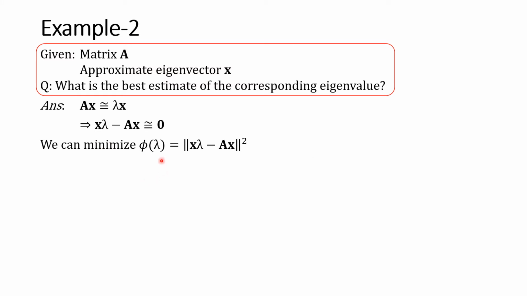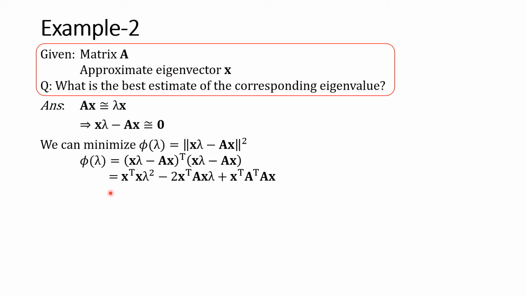So let's try to minimize the square of the L2 norm of this vector here. So this is what we have to minimize. Phi of lambda equals (x lambda minus Ax) transpose (x lambda minus Ax), which is equal to this.